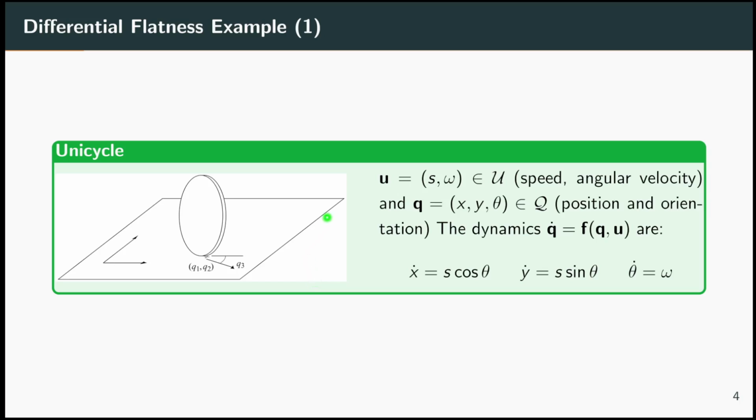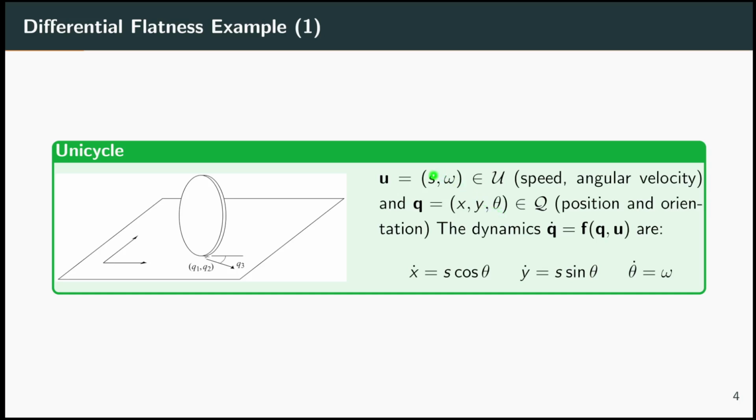If you recall, we looked at the unicycle, I think, in one of the exercises before. The unicycle is a very basic first order model where your state space is the position, x and y in 2D, and theta, which is the orientation in that 2D plane.